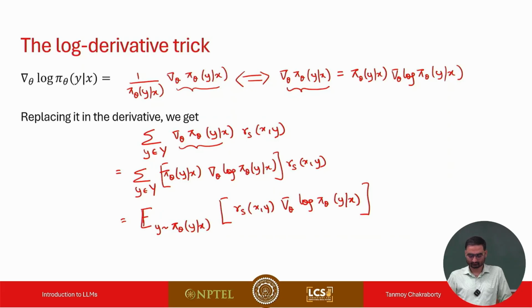What I will do here is use the log derivative trick, and this is a very old trick, nothing fancy. What does it say? It says that you take the derivative of this. Why this term, where this is coming from, I will explain later. Let us assume that there is a term, log of pi theta y given x, and you are taking the derivative of this.